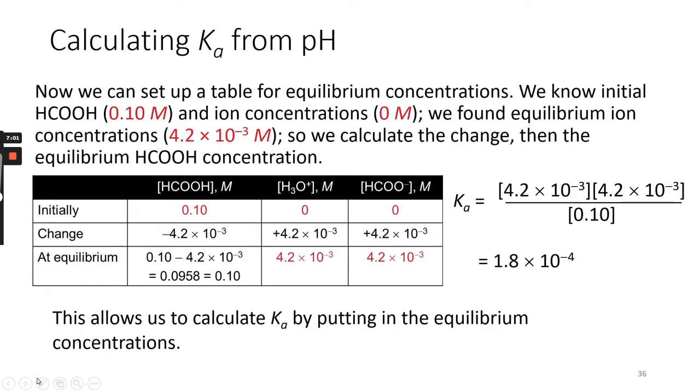Okay, so now let's do our ICE table. We know our initial concentration of formic acid, and these 2 are 0. We know at equilibrium the concentration of formate and hydronium, so we can figure out the change that occurred here. These are increasing, so this has to decrease. So we take our initial concentration minus this 4.2.